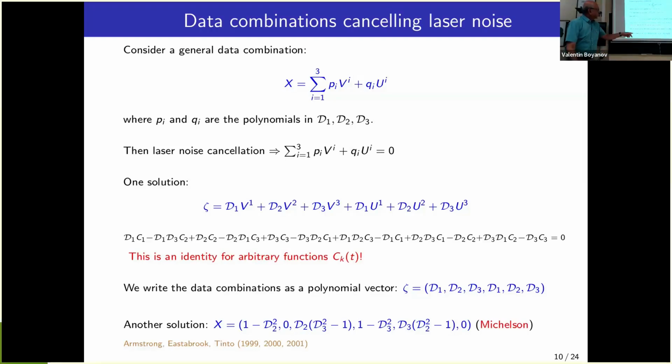Now, how does this come about? How do you implement this signal combination? In practice, you take the data and delay it by the length of the time delay. You don't need to combine the signals physically in one place.